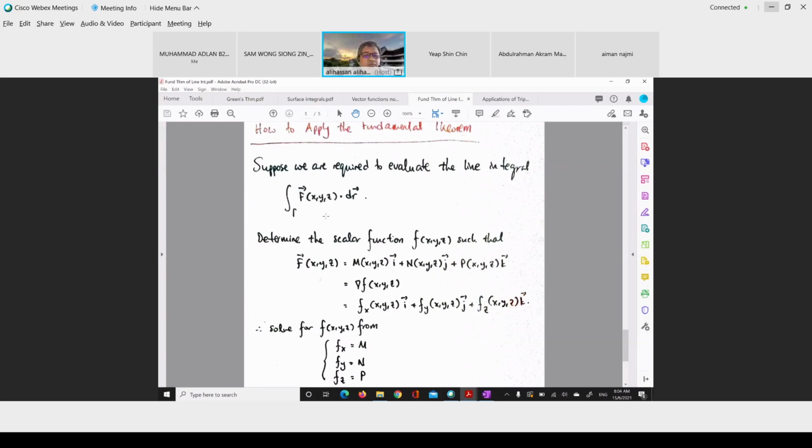So there exists a potential function phi. The next step is to determine the potential function phi. Once it has been determined, we can evaluate the given line integral of the vector field F using the fundamental theorem of line integrals.